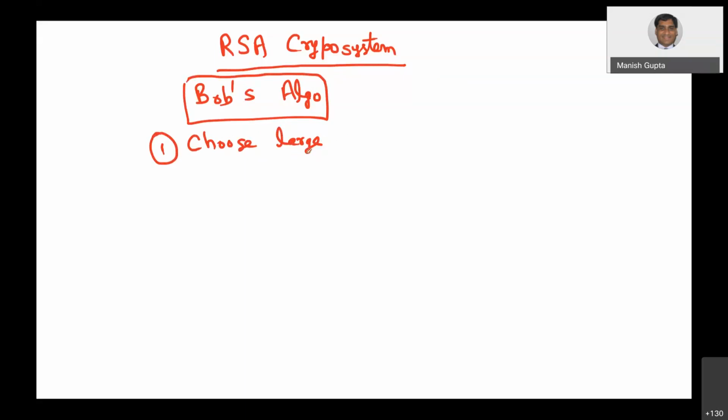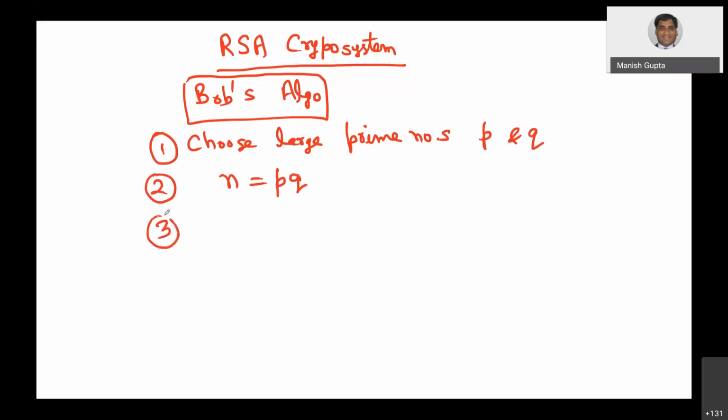For that he has to do some preparation. First, choose large prime numbers P and Q. Okay. Then compute the product of these two prime numbers, call it N, which is P times Q.